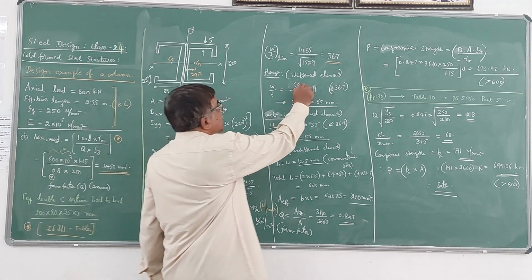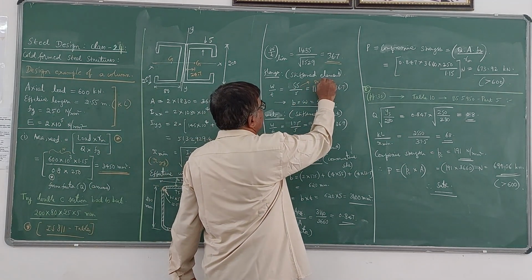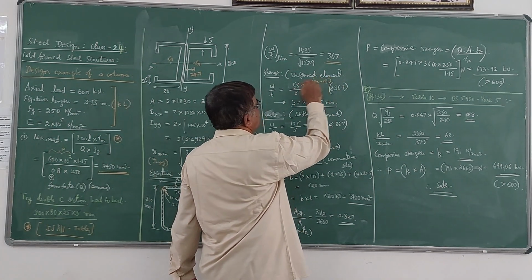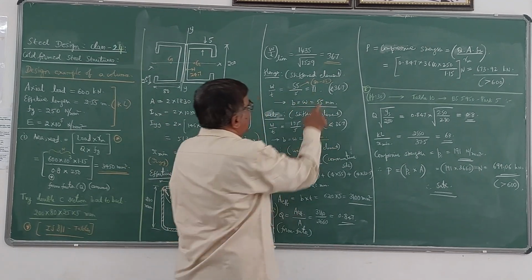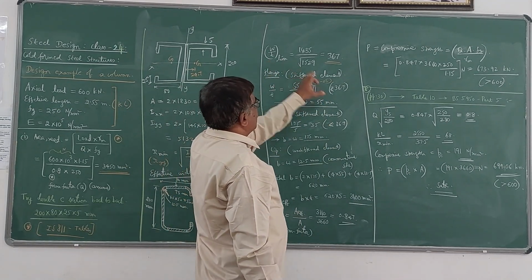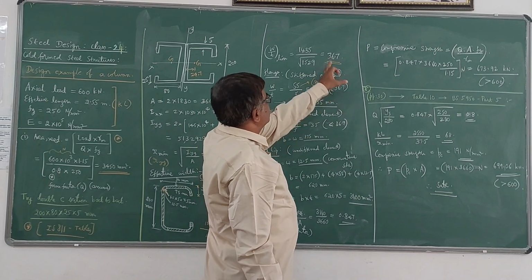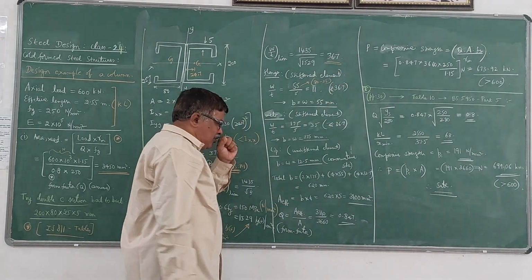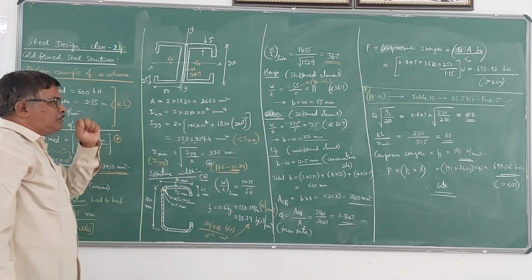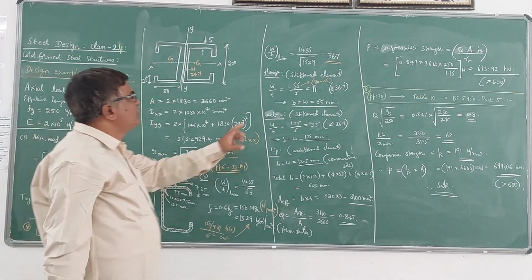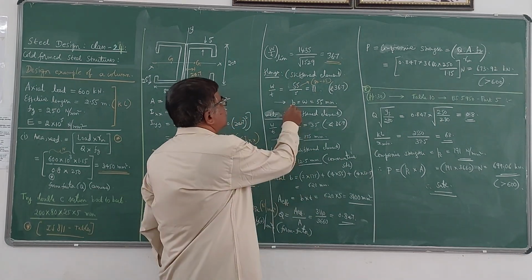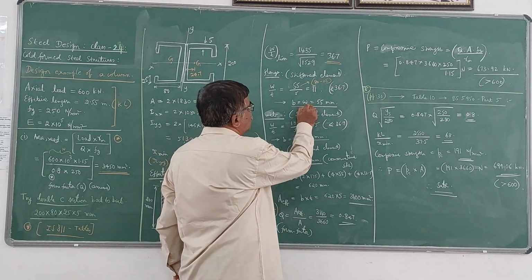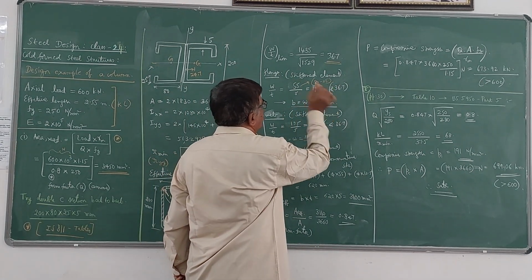So it becomes 80 minus 25, 55, divided by thickness 5, it becomes 11. Compare this value with the W by T limiting value. It is less than 36.7. As per the code, if this W by T is less than W by T limiting, then effective width will be equal to W only. It is 55 mm only.